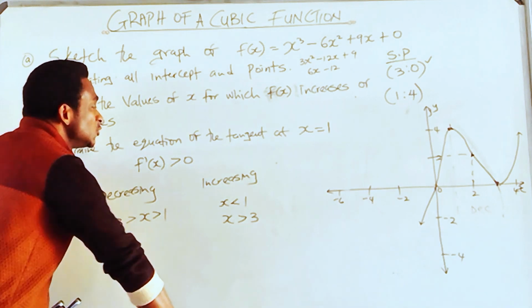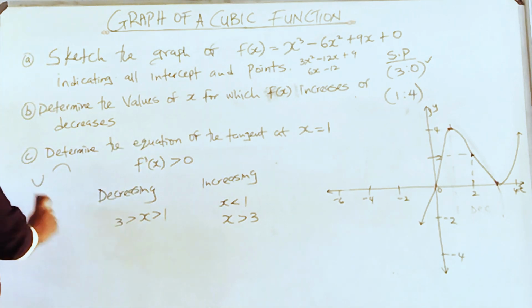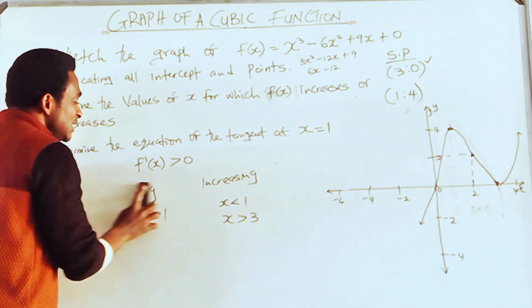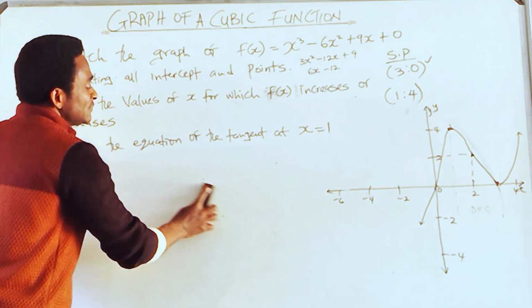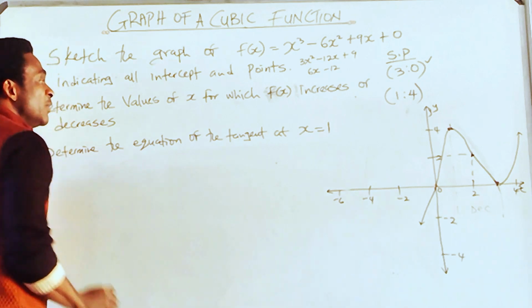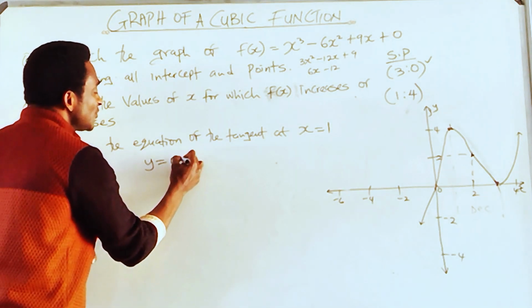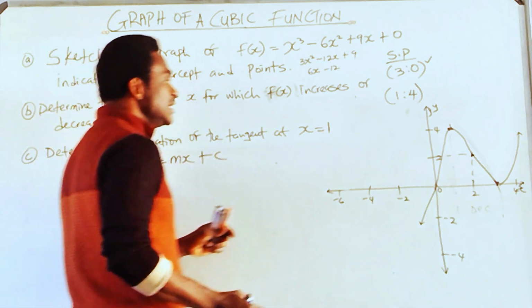Now, let's quickly go through the last question. They are asking us to determine the equation of the tangent at x equals 1. The tangent equation must be a linear equation because the tangent to a curve must always be linear.